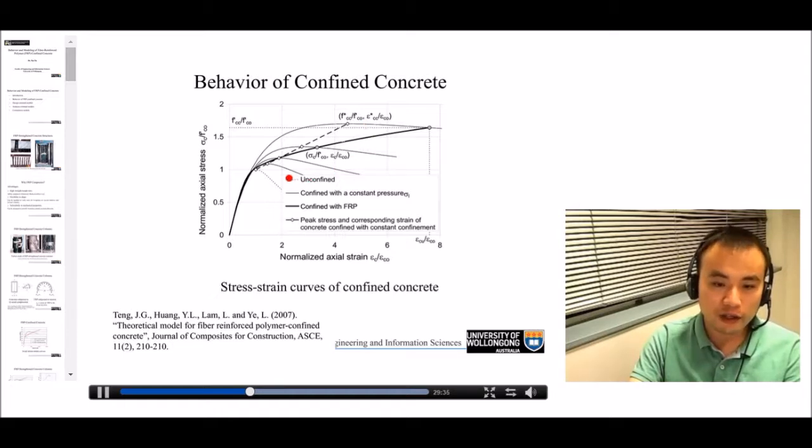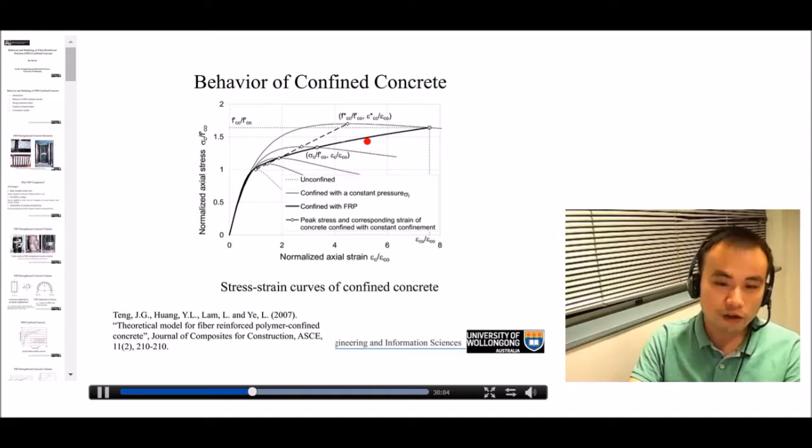So we have a group of thin curves here. Each curve represents concrete confined by a certain constant pressure. So you can imagine that the lower curve is for concrete with a lower pressure, but the higher curve is for concrete with a larger confinement pressure. But for each of these curves, the confinement pressure is constant during the loading process.